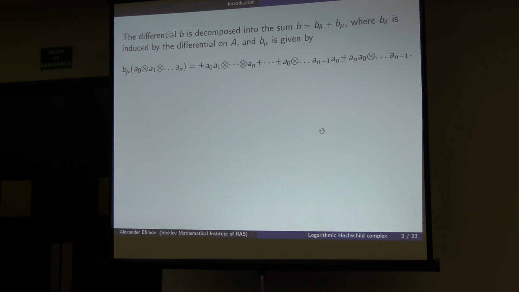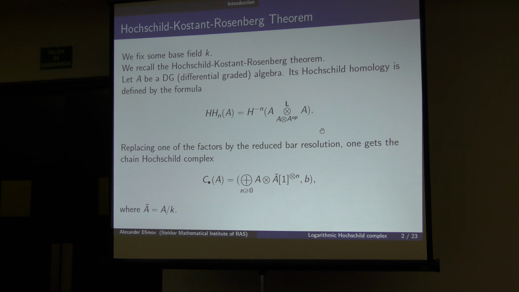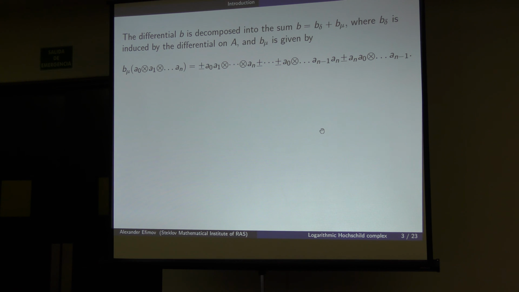Usually, one of them is given by the differential on A, so it's just the standard differential of tensor powers, and another one is given by the multiplication in A. And it's just taking products of two consecutive factors, but we also take the product of the last one with the first one. So it's the standard formula for the differential.